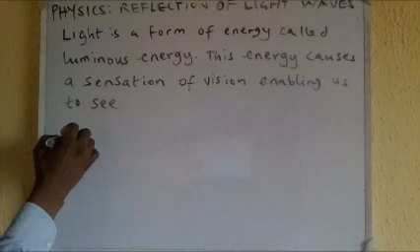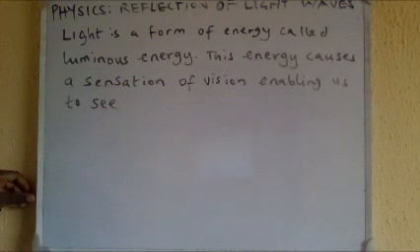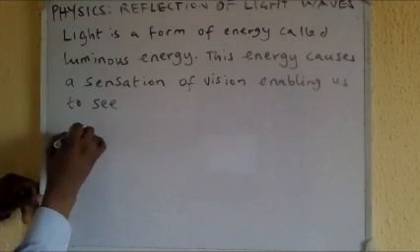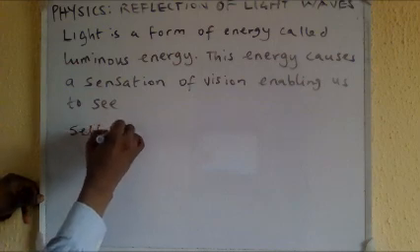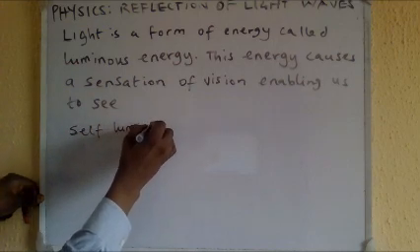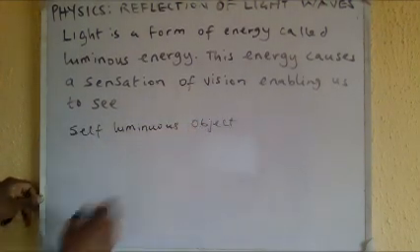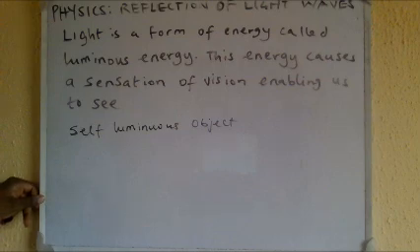There are different kinds of objects, classified under their nature in terms of bringing out light. You have self-luminous objects, and you have non-luminous objects.